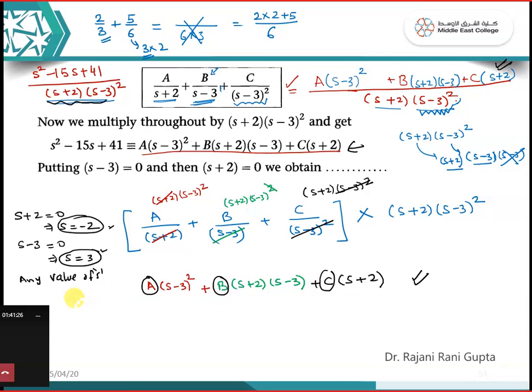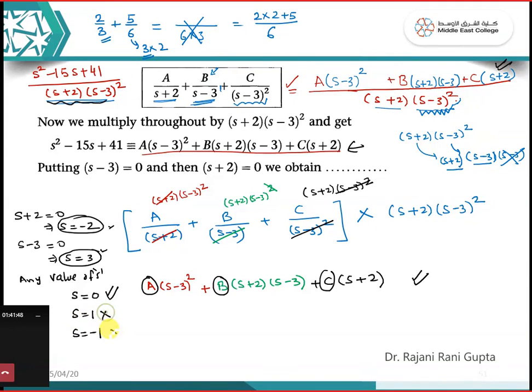I don't like to do more calculations, so I'll go for the easiest value. I will start with 0 if 0 is not already used. If 0 is already used, I will go for 1. If 1 is also used, I will go for minus 1. In this case, as 0 is not used, I will go for this.